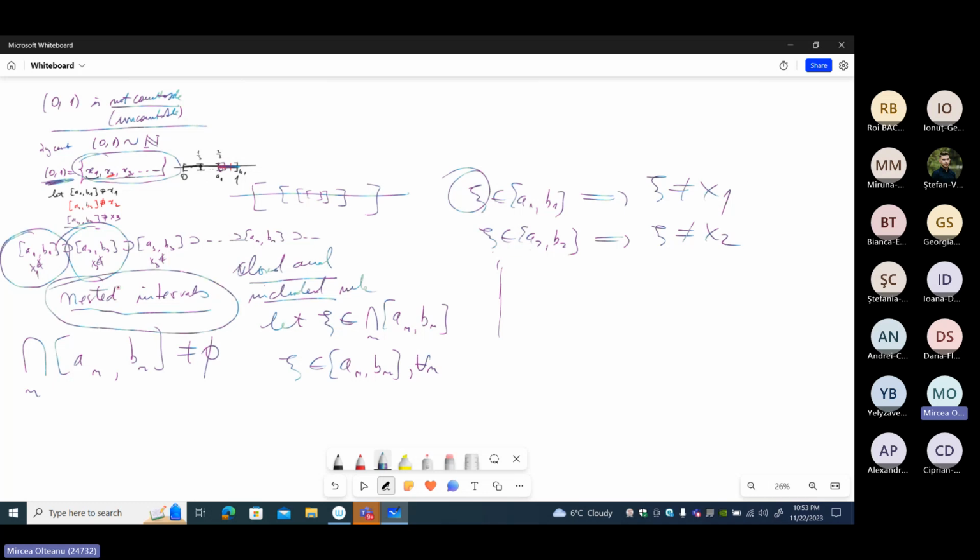This is how we call it at the lecture. So you have two different types of sets which are uncountable. The first example is based on Cantor's diagonal argument, and the second one is based on this property of the set of real numbers, that every interval is uncountable, and on the lemma of nested and closed intervals.